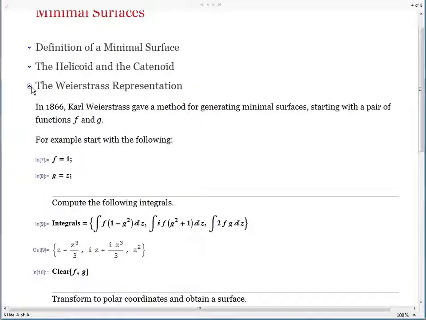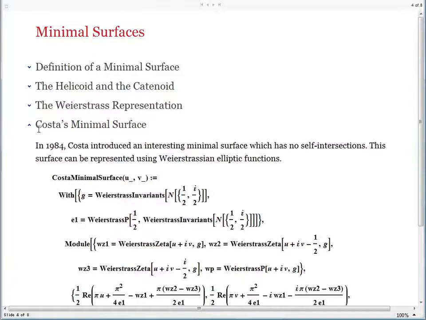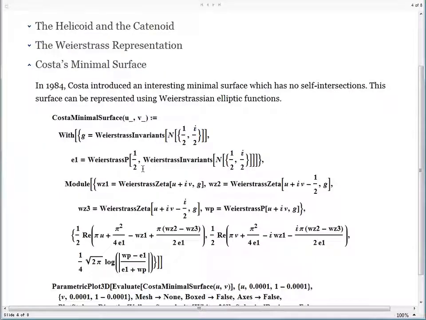Now I could really stop the discussion of minimal surfaces over here, but I couldn't resist including the final minimal surface for today, which is the so-called Costa minimal surface. Now this is by far the most popular minimal surface. It's appeared on book covers, stone sculptures, ice sculptures, blog posts, and basically in the year 1984 the mathematician Costa introduced this surface which has no self-intersections.